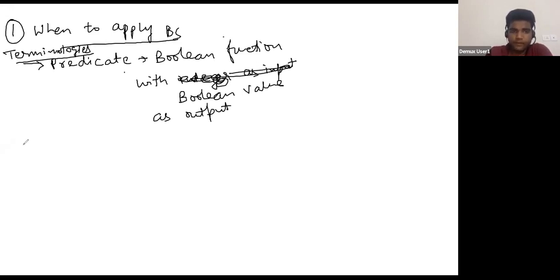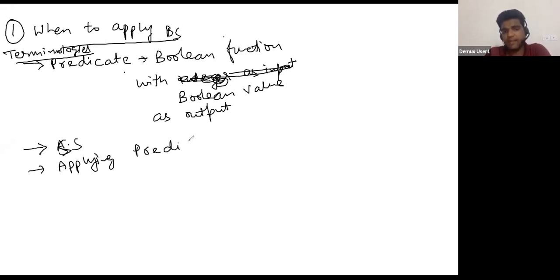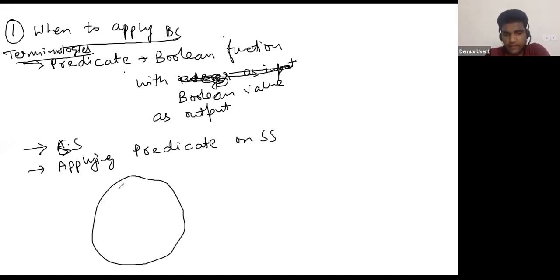Then after predicates, you have search spaces. I guess you know that. So then you have applying predicates on a search space. When I say applying predicates on a search space, I basically mean that I have my search space, and I have elements in that search space, let's say E1, E2, E3, E4, E5, E6, E7, and so on.